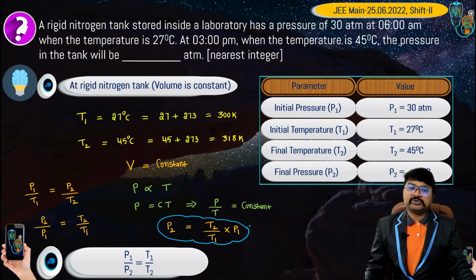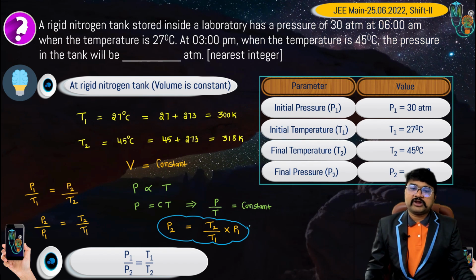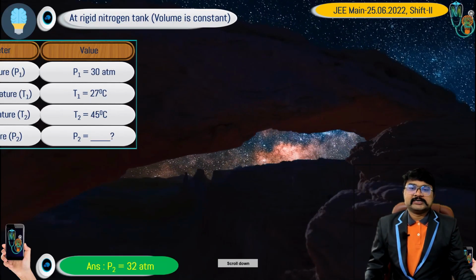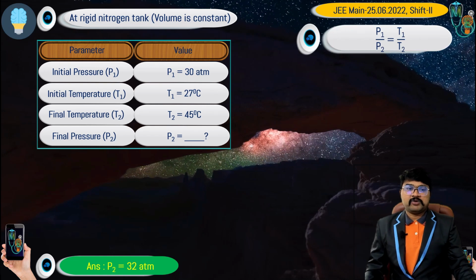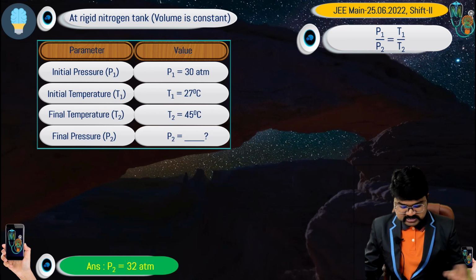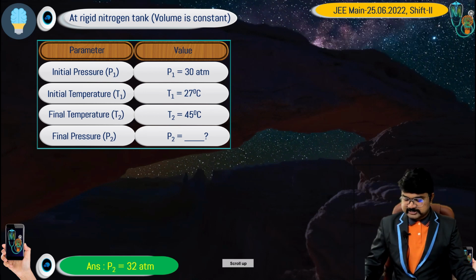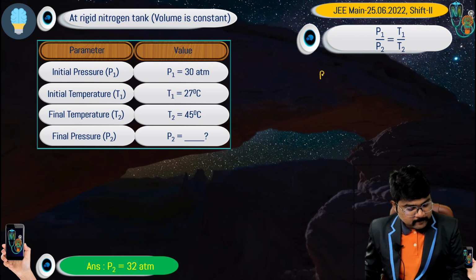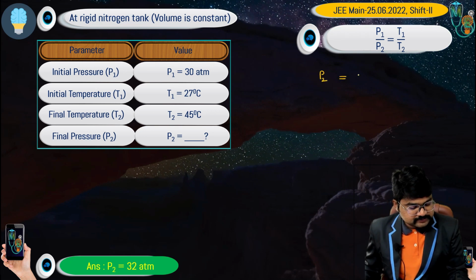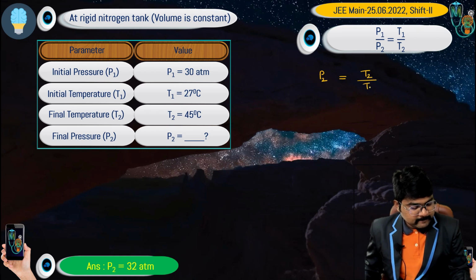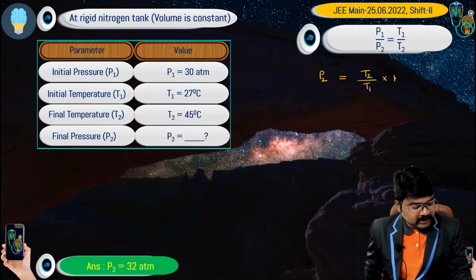Now we can substitute the given data in order to calculate P2. Here we will be getting P2 equals to T2 by T1 into P1.